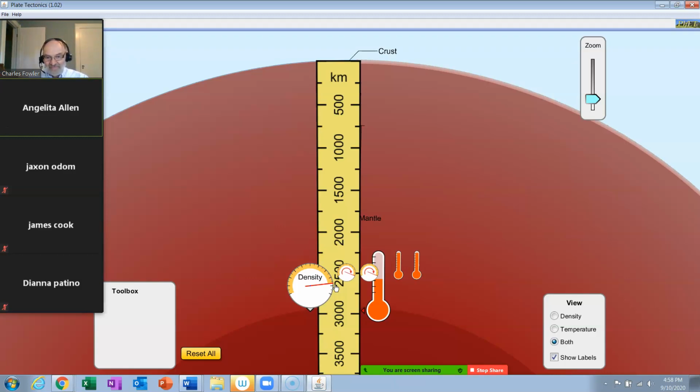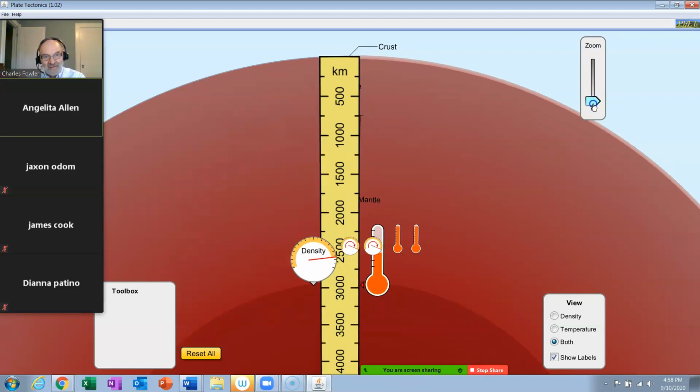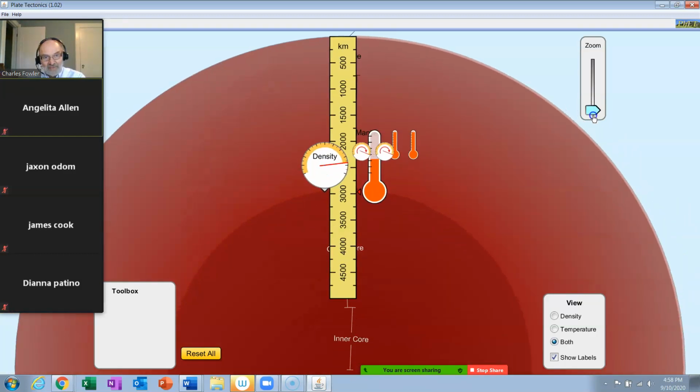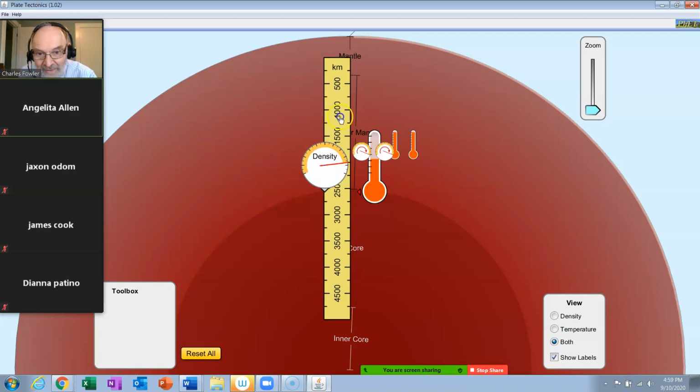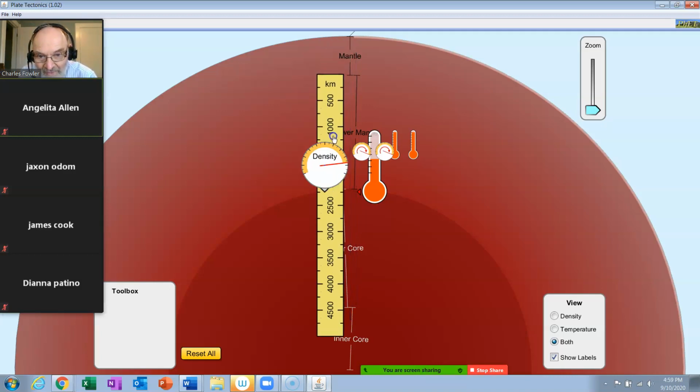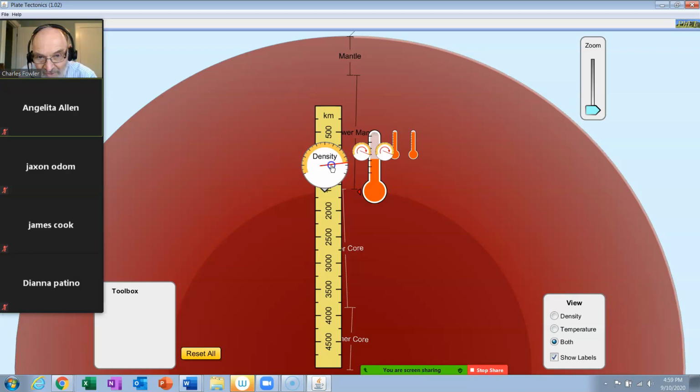Next. Expand the zoom to the max and move the ruler to estimate the thickness of the outer core and record it. Okay. Gonna move the zoom all the way down. We're zooming while we're zooming. Now move the ruler and we're going to estimate the thickness of the outer core. Now you see the inner core here. So let's move the ruler down to estimate the thickness of the outer core. Now the trouble is I can't go from top to bottom because it won't. Well, it will. Look at that.